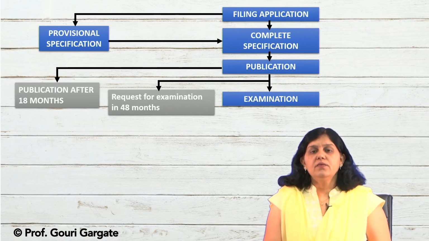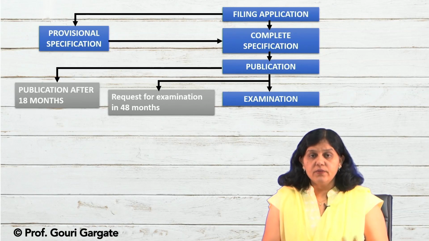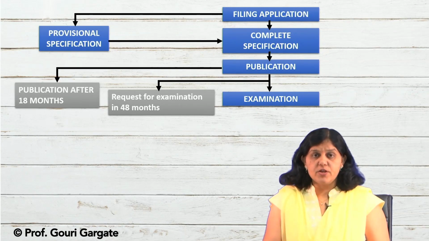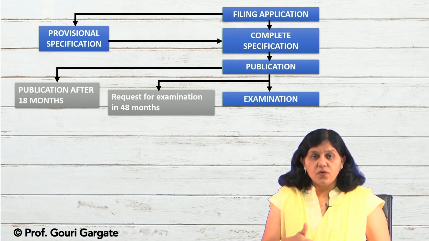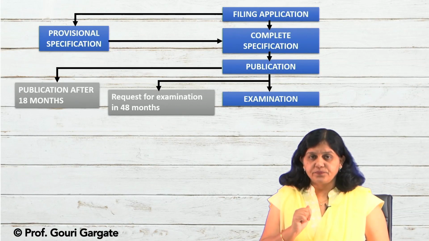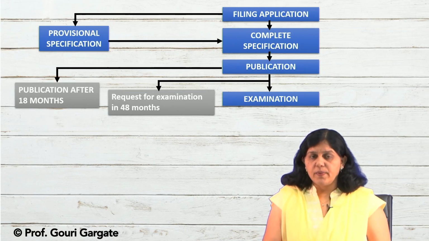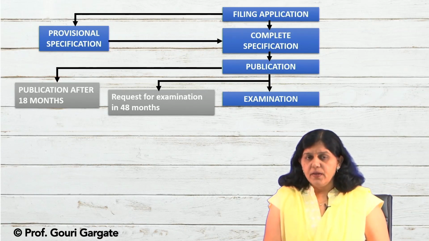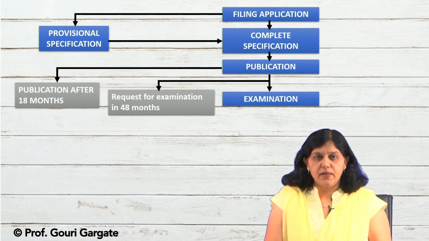The patent examiner will now do a thorough examination of your patent. What will that whole examination process include, what exactly does the examiner do? First, the examiner will check if the patent follows the criteria of a patent. You know what those criteria are? There are 3 important criteria for a patent. You remember? Novelty, non-obviousness and industrial applicability.